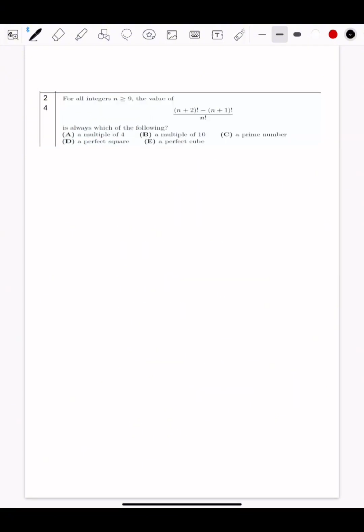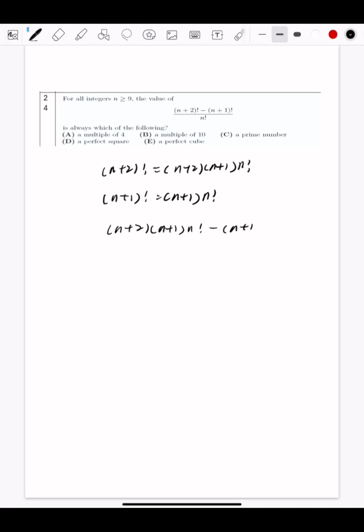For this part, first we also use the factorial definitions to make different parts clear. Here, and substitute into the equations before. We have a new one. And factor out this.